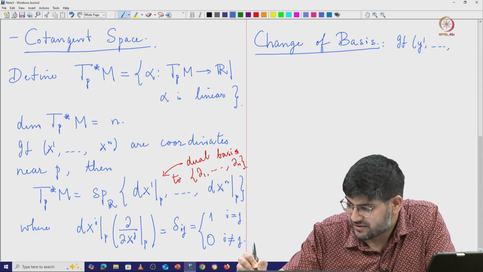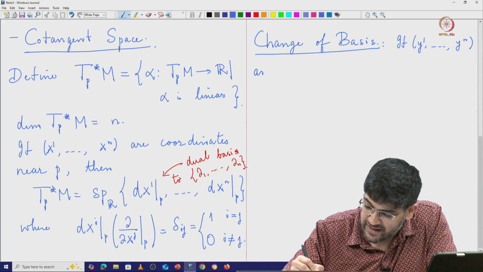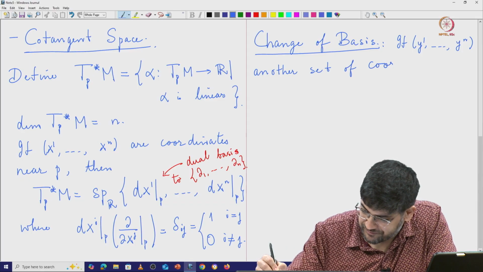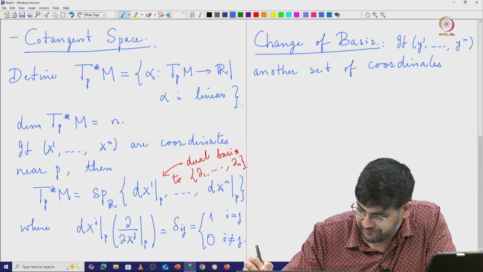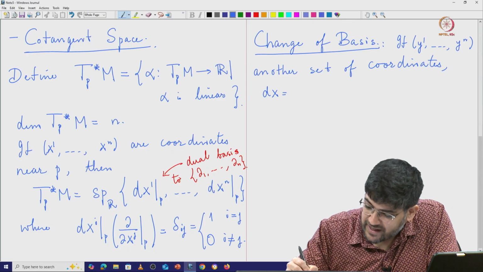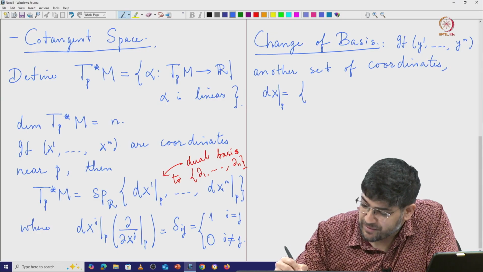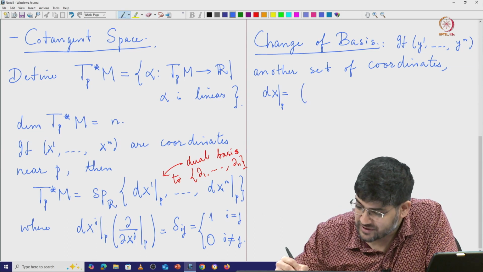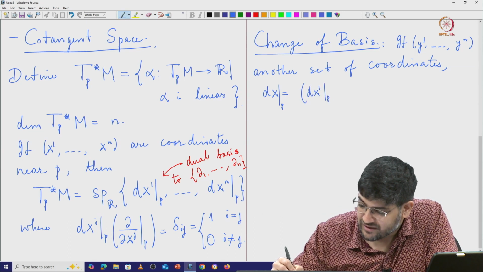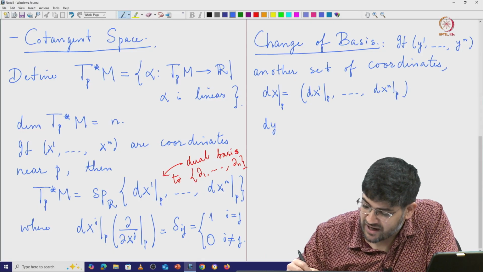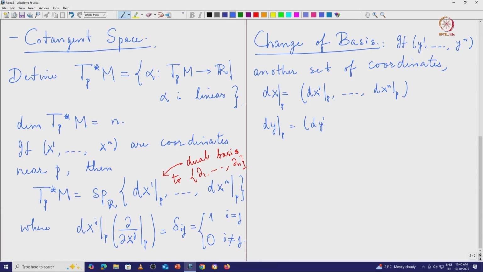If y1 up to yn is another set of coordinates, and if you write dx at P to be basically the row vector consisting of the basis with respect to the x coordinate system, so this is the row vector given by dx1 up to dxn, and similarly dy is the row vector in the y coordinate system.